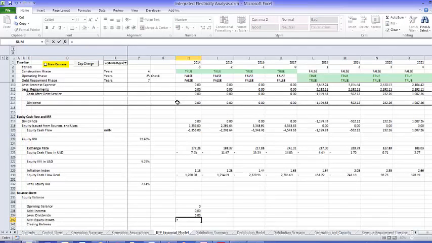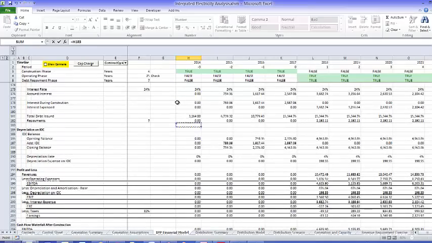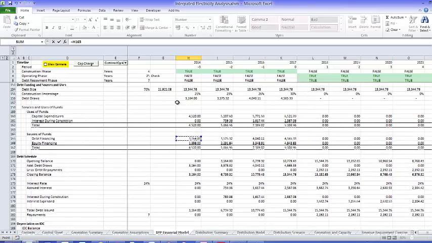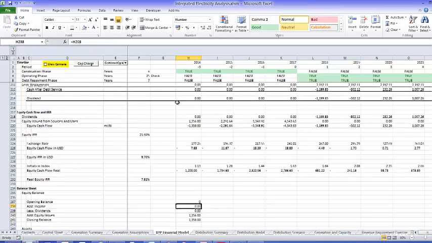I think it's best to take it from the source and use of funds statement. So there's our equity issues, and our closing balance is our opening balance plus the income minus the dividend plus the equity issues.